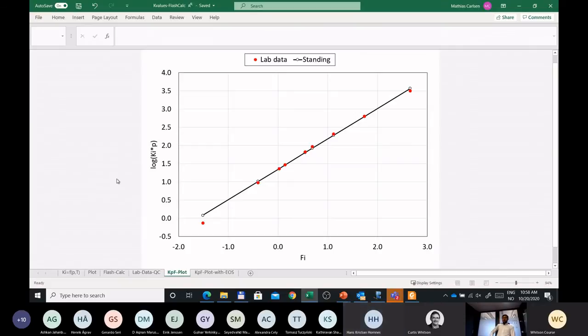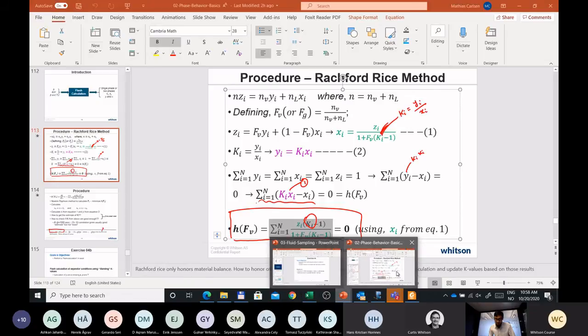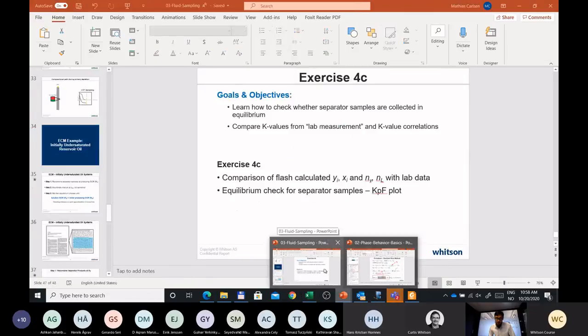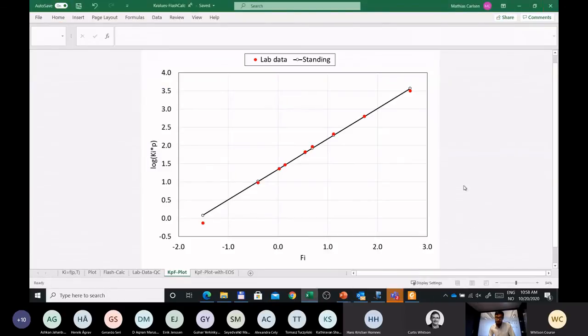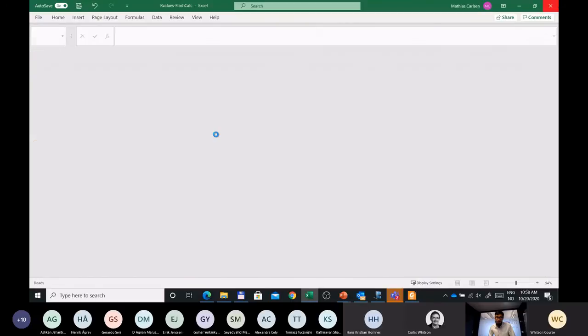Okay. So I think we are finished with this exercise now, and the next exercise was, I forgot, we have this Watson characterization factor calculation. So I think what we do now, we just close this one.